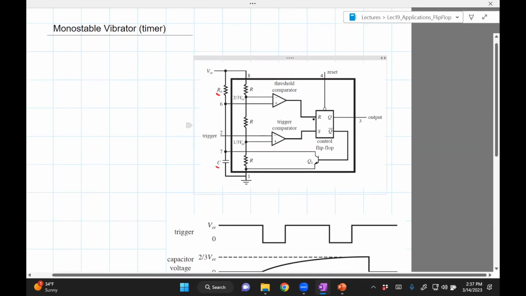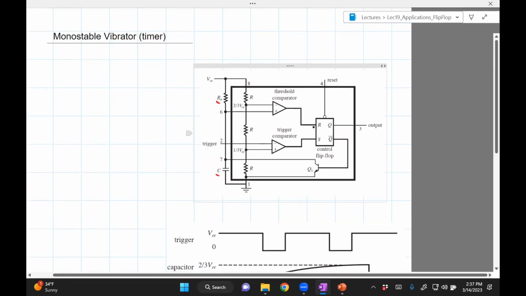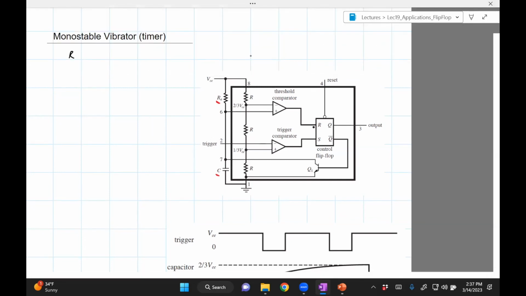Now we also have a RS flip-flop. So let me draw the truth table of RS flip-flop because we will need it. Okay, so R, S, and then Q bar. Okay, so we have 0, 0.